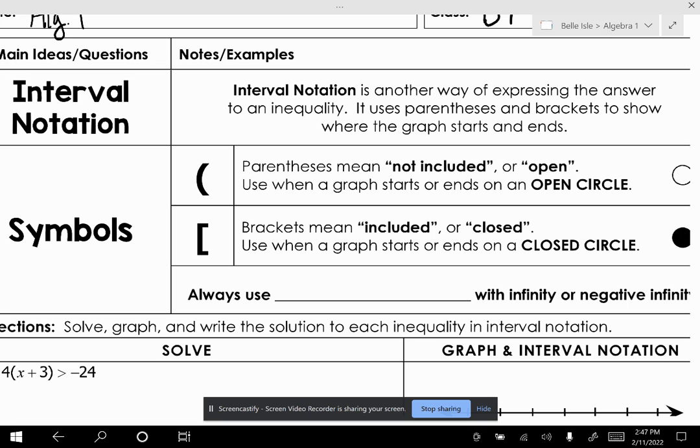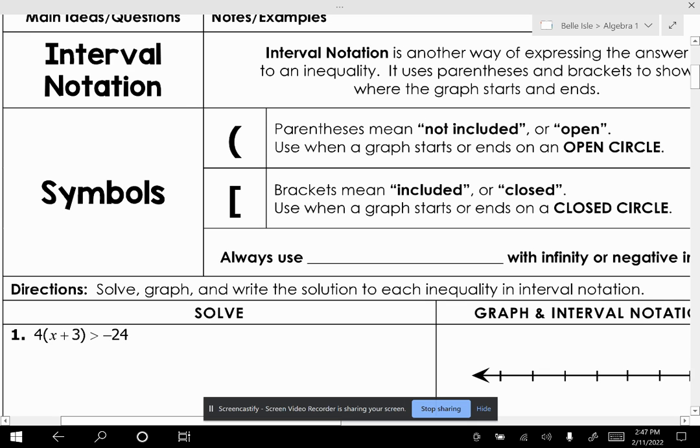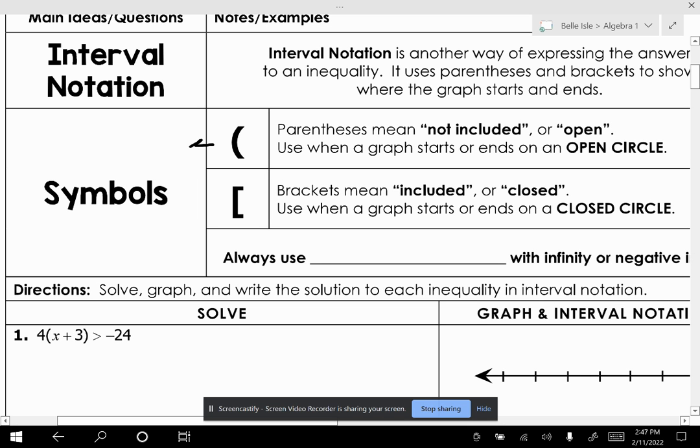The symbols that you're going to learn that are new today: when we're using interval notation, we have to use parentheses and brackets, and both of them mean different things. Parentheses, we will use every time that you have an infinity sign, a negative infinity sign, a less than sign, or a greater than sign.